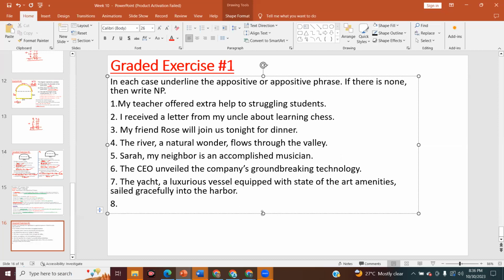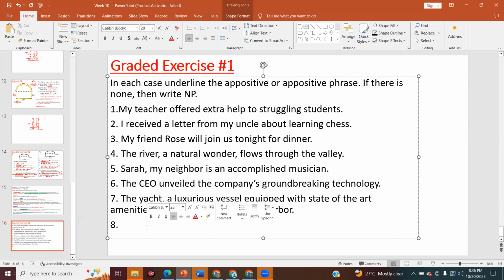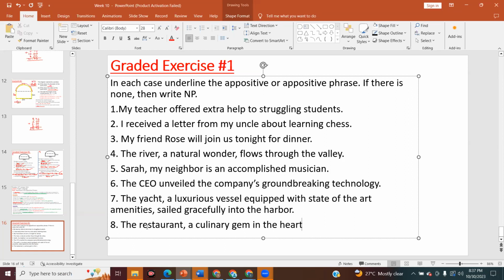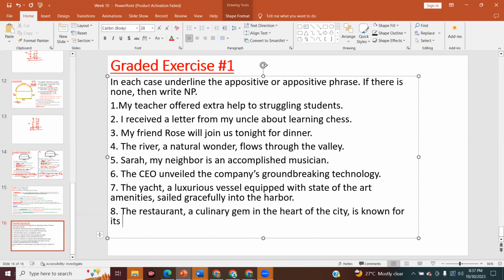Number 8. The restaurant, a culinary gem in the heart of the city, is known for its delectable fusion cuisine. Number 9.